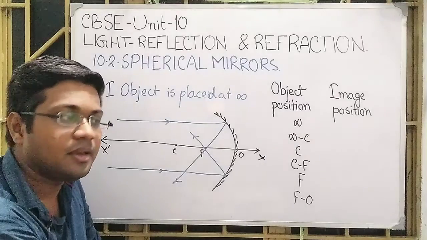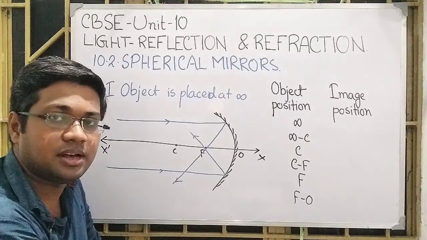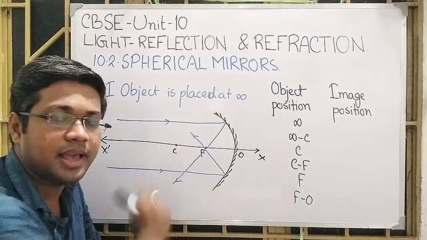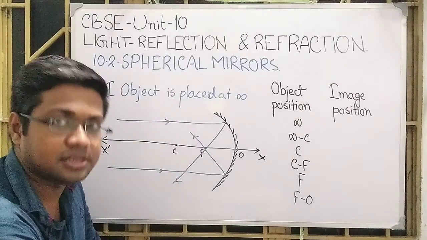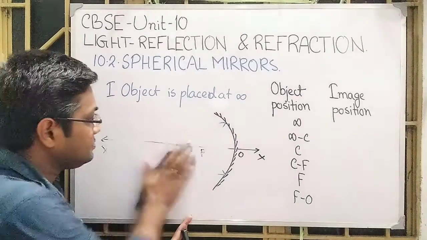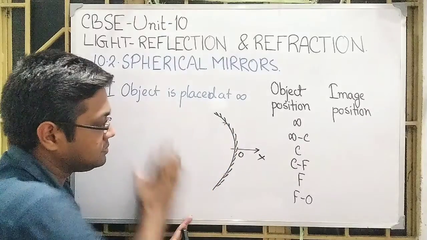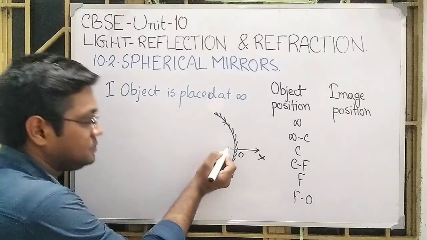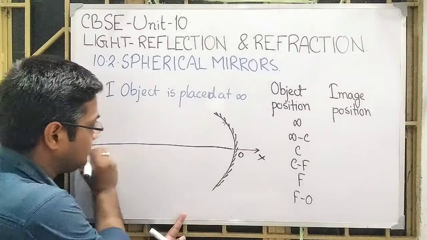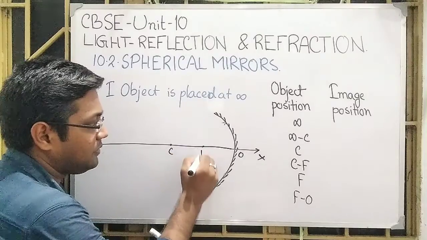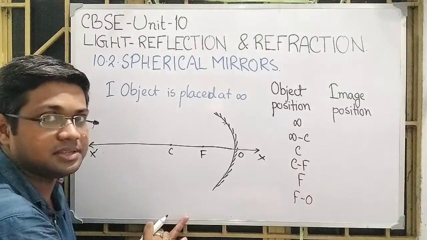Okay. And if I want to know the other characteristics of the image, then we have to make an oblique incidence on the mirror. So let us see what it gives to us. C and F. Now the oblique incidence.